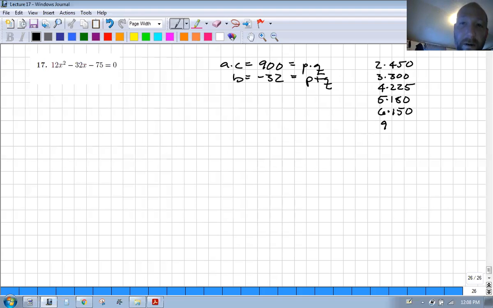9 and 100, 10 and 90. We're getting closer. Let's see, because this is negative, we're going to need two negative numbers to give us this positive here.